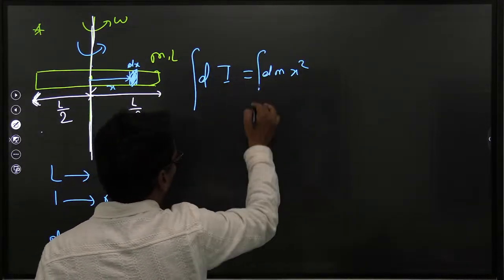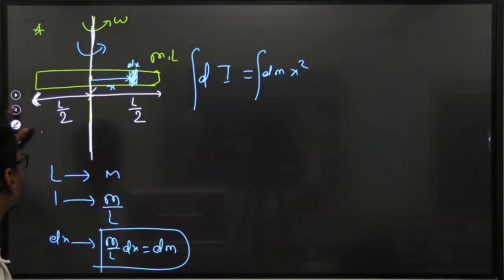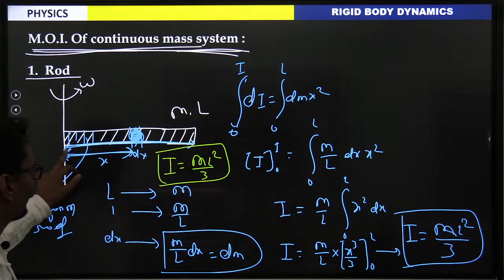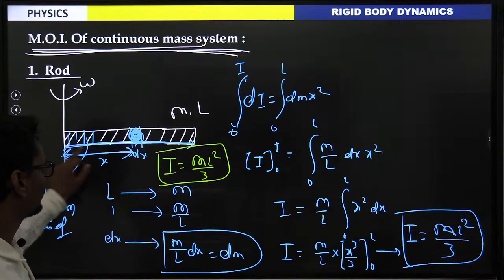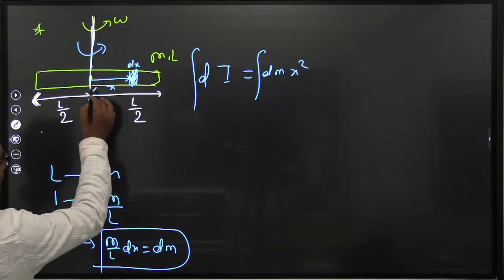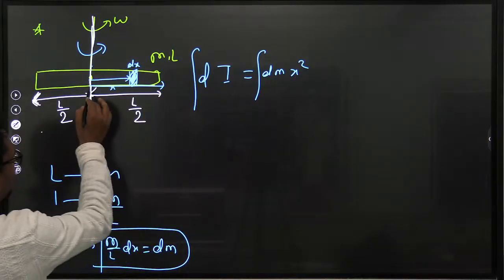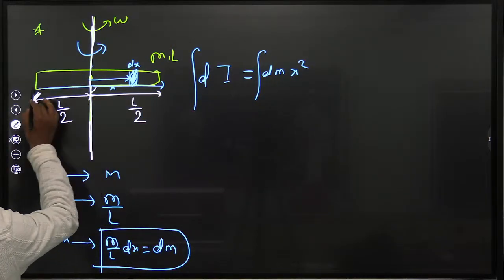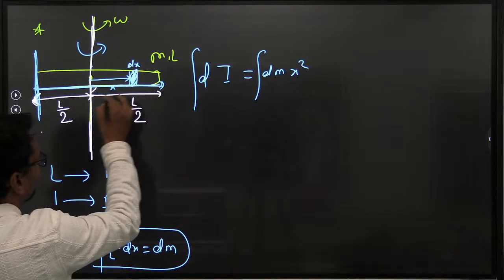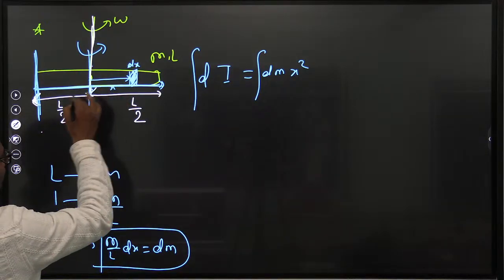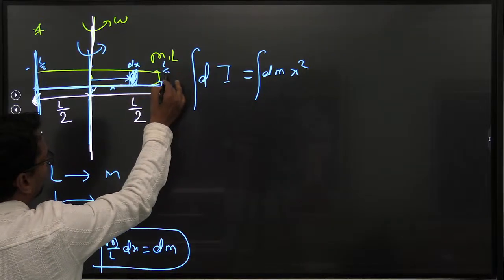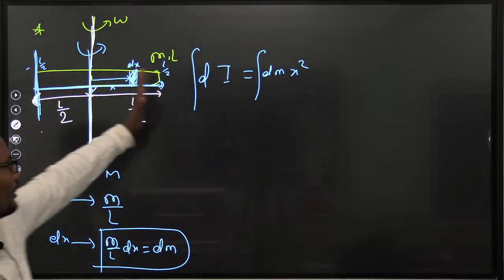But look here: in the previous case the mass started from here and ended here, so the limit was 0 to L. In this case the mass extends from here to here and also from here to here. So we can say that this is the origin, this becomes L by 2 on the minus side, and this becomes L by 2 on the plus side.